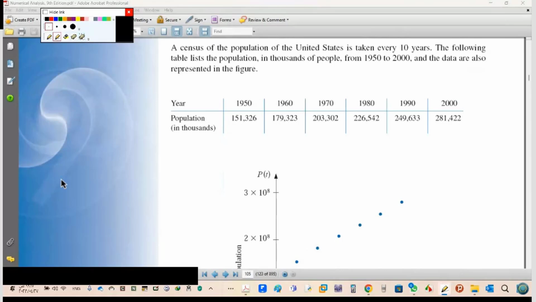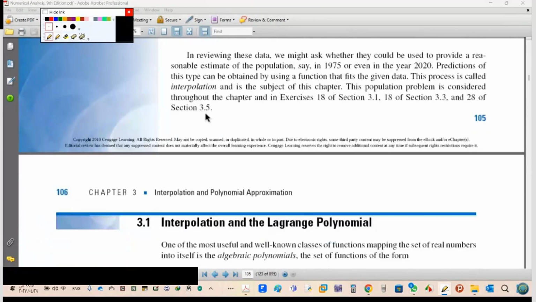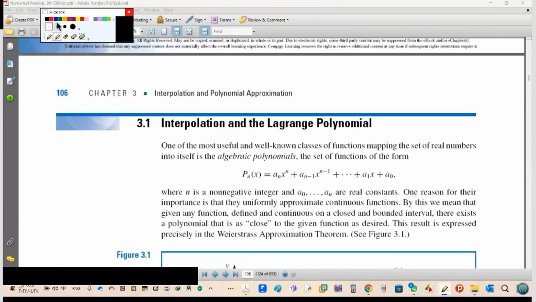In least square, I gave you one method, but here we'll take another method that is very important for us. Let's go directly to it. Our method today is called Lagrange.